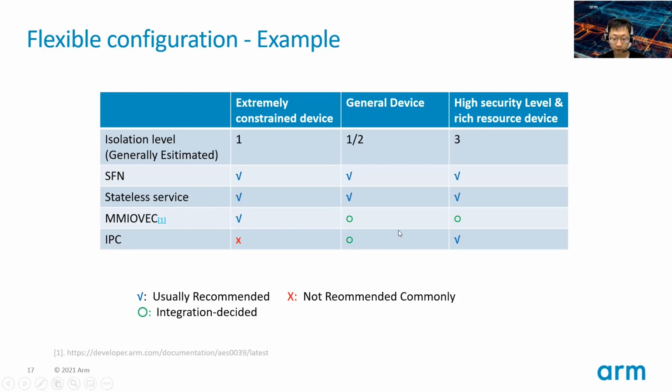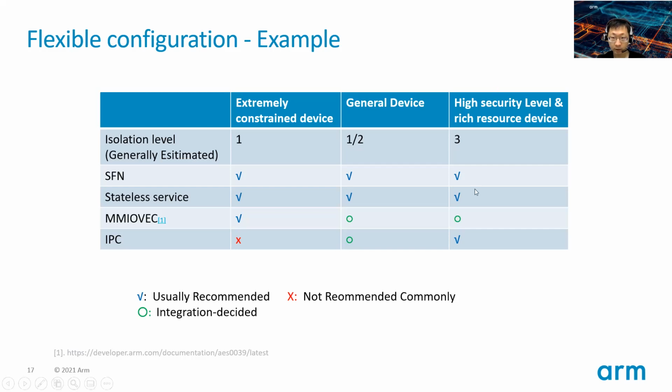On constrained devices, developers can decide which features to adopt according to use cases. But SFN model and stateless services are always preferred because they can achieve better performance without influencing isolation requirements.